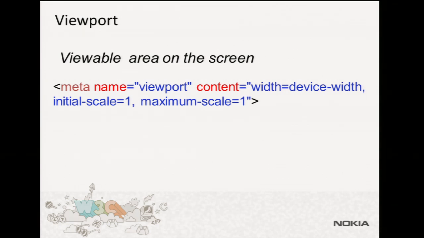Viewport is basically the area of the screen which is your real estate for your web application. There's a special meta tag which allows you to make that display size, that real estate of your web application, full screen or any width you want.